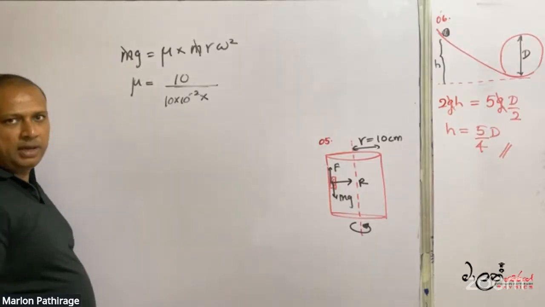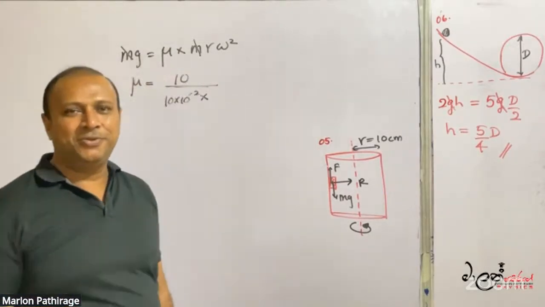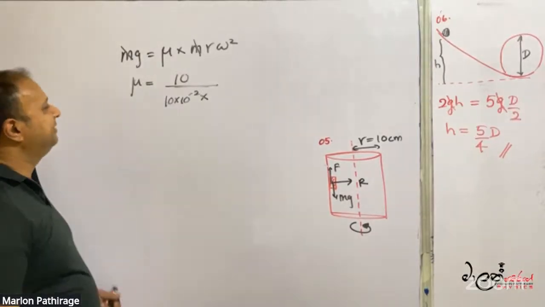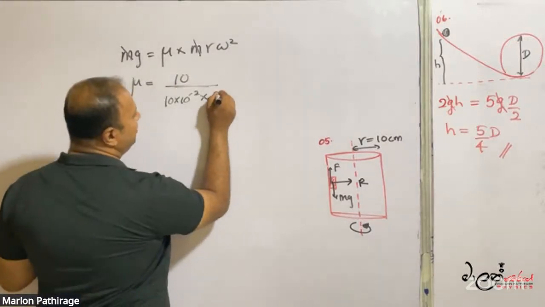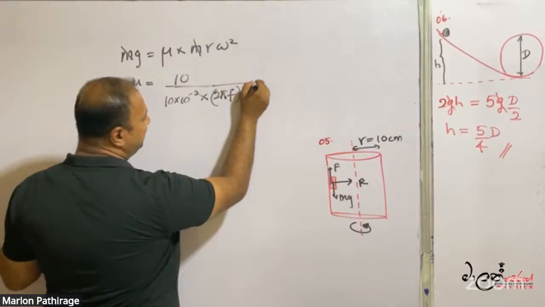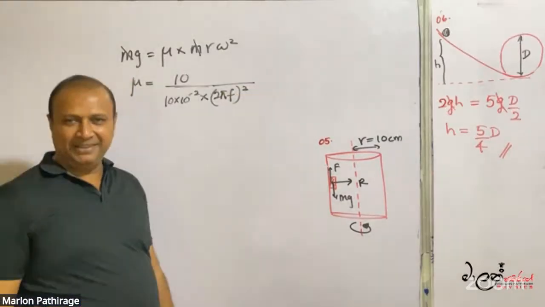omega squared. Omega squared means 25f squared. What calculation number? Here I make it.